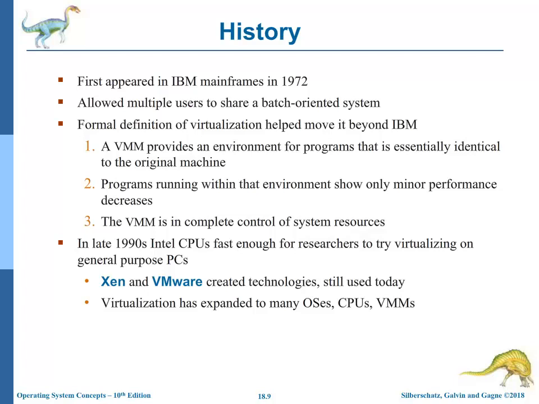By the late 1990s, Intel CPUs had become common, fast, and rich in features. And we know Xen and VMware, the two popular virtual machine technologies still used today. Since that time, virtualization has expanded to include all common CPUs, many commercial and open source tools, and many operating systems.